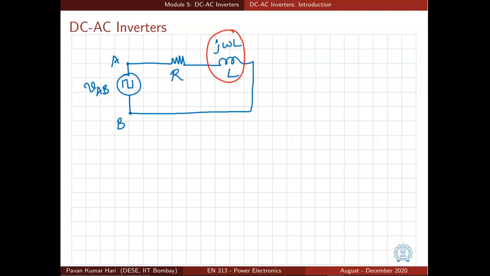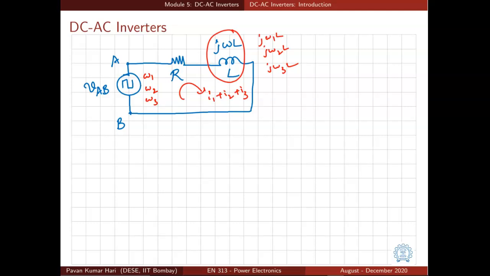Let us say VAB has frequencies omega 1, omega 2 and omega 3, for example. So the impedance offered by L will be j omega 1 L, j omega 2 L and j omega 3 L. So the current that flows in this circuit, let us say this is I1, I2, I3. The total current is the sum of the three currents because of the superposition principle.